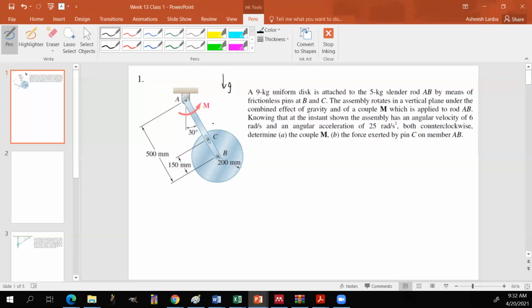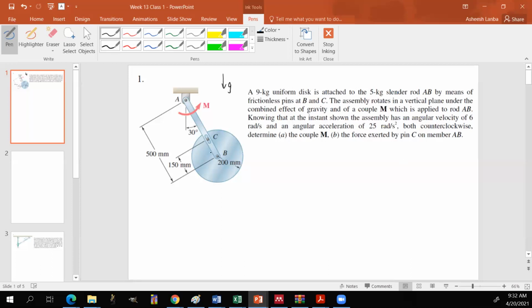At this particular instant, you're told that the assembly has an angular velocity of 6 radians per second and an angular acceleration of 25 radians per second squared, both counterclockwise, right? So that works out for us because that's in the positive k hat direction. You're asked to find the moment M, and then the force exerted by the pin C on the member AB.